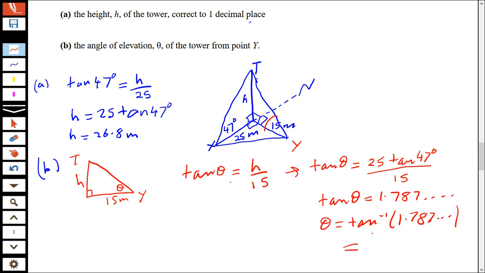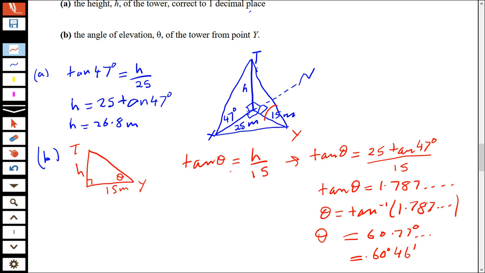It's going to give you 60.77 degrees, keeps going, to the nearest minute. Doesn't say what to do, so we'll just put both answers. So to the nearest minute, that'll be 60 degrees, 46 minutes. Okay, so that's that one done.